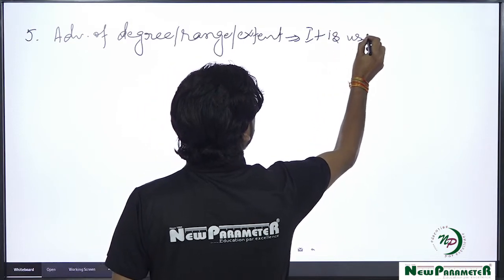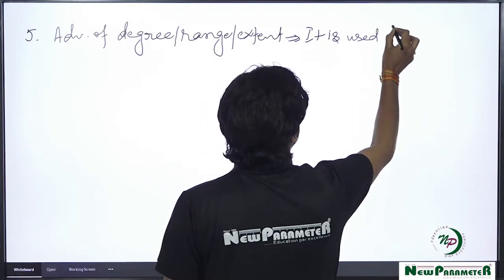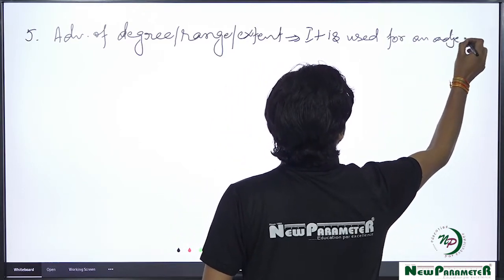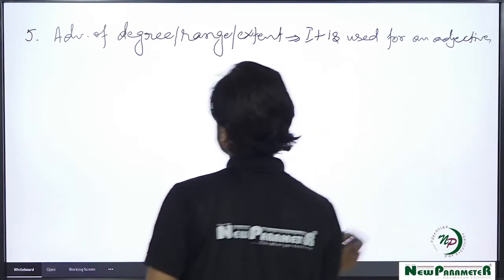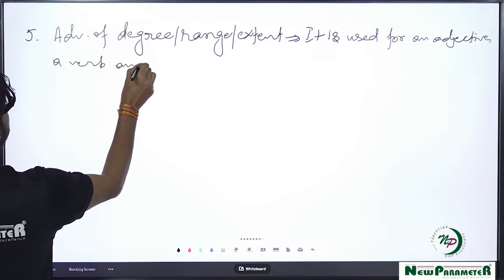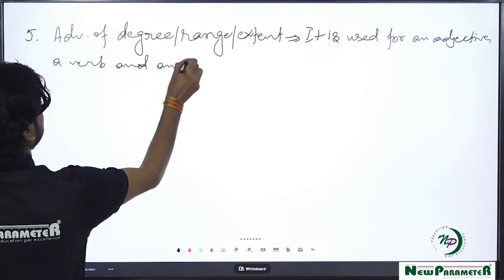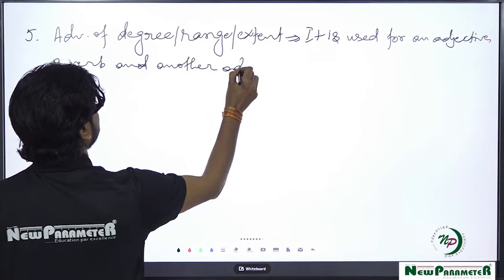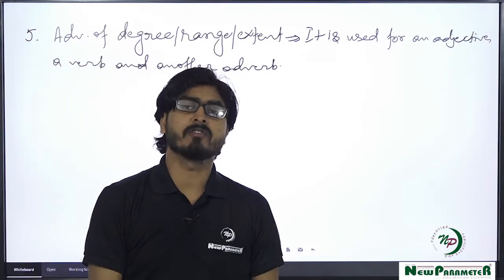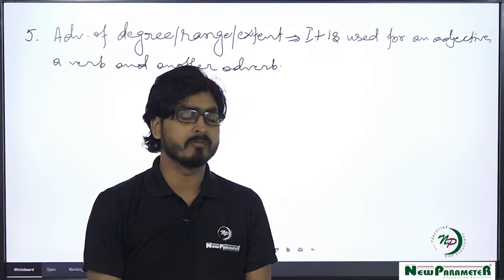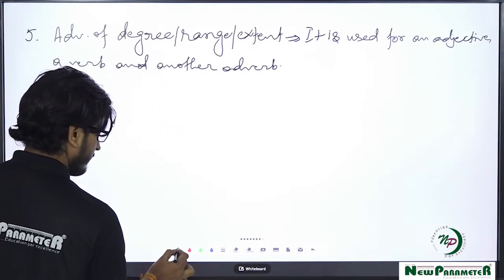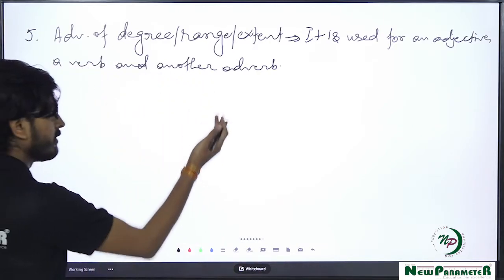It is used for an adjective, a verb, and another adverb. Basically, it is used to show the range of that adjective, adverb, and verb. How it is used to show the range, we'll see through an example.